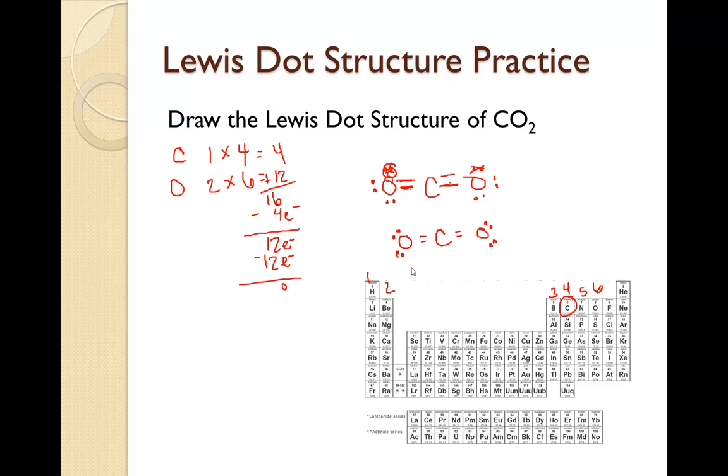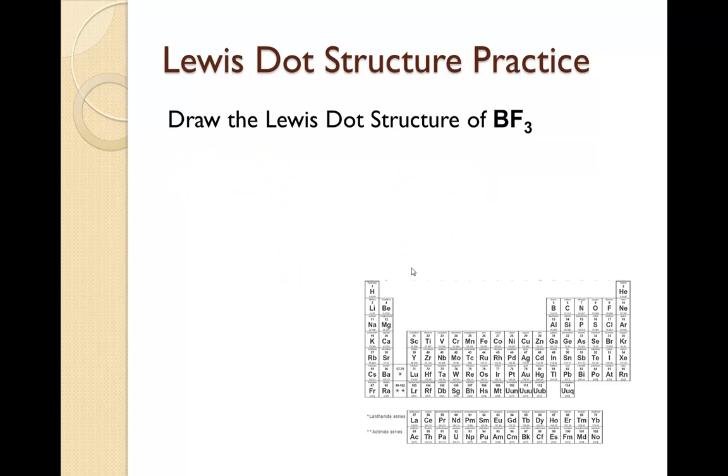Let's try another one. We have boron and fluorine. 1, 2, 3, 4, 5, 6, 7. So we have boron and fluorine. 1 boron, and it has 3 valence electrons, and 3 fluorine, which has 7 valence electrons, for a grand total of 24.